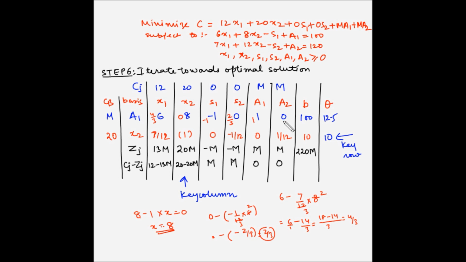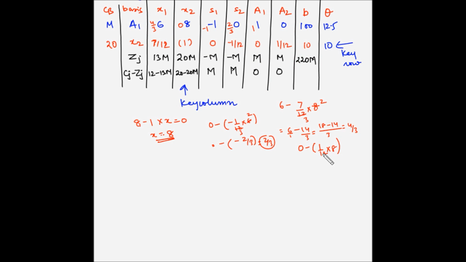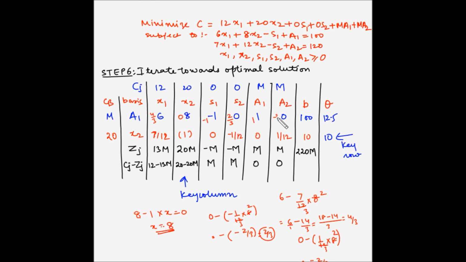For A2, 0 minus 1 by 12 into 8, so 4 2s are 8, 4 3s are 12, minus 2 by 3. So this is minus 2 by 3. And for B, it will be 100 minus 10 into 8, so 100 minus 80, which is 20. Let me replace this row with the new numbers.